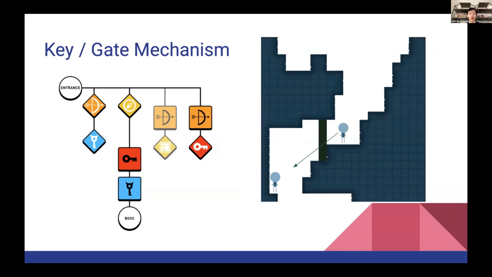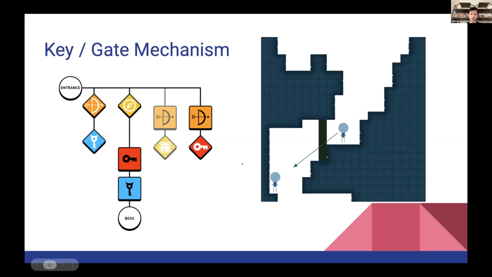There are different types of obstacles. You can have a direct wall, like an actual door and an actual key. That's the most straightforward way to represent a key and gate. In that context, you don't want to lock the key behind the gate. Otherwise, the player will never get behind the gate because there is no key to unlock it.